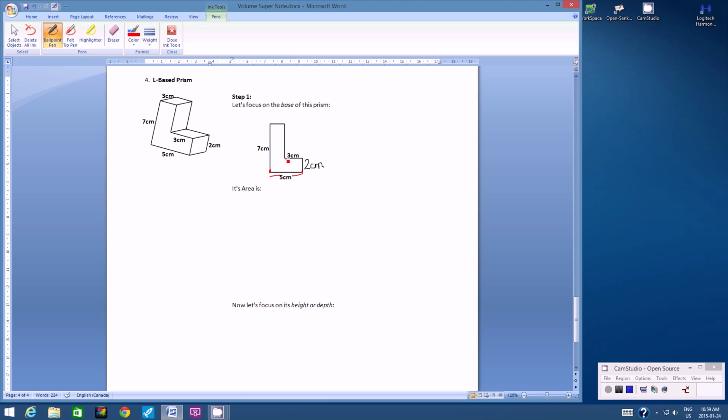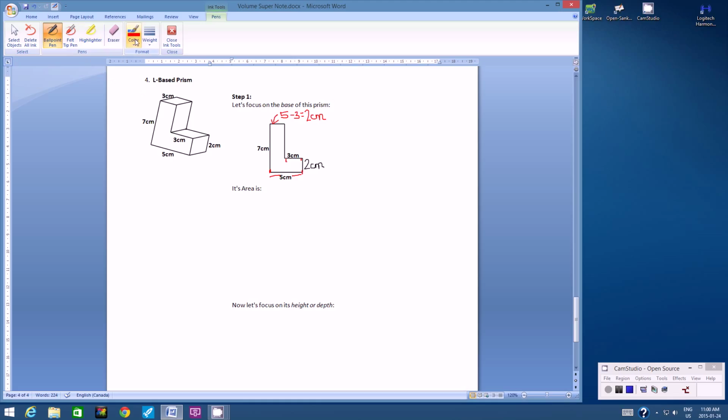But we also know from here to here is 3 centimeters. So how would we solve for this missing length? When you show me your work, hopefully you came up with an answer of 5 minus 3 equals 2 centimeters.